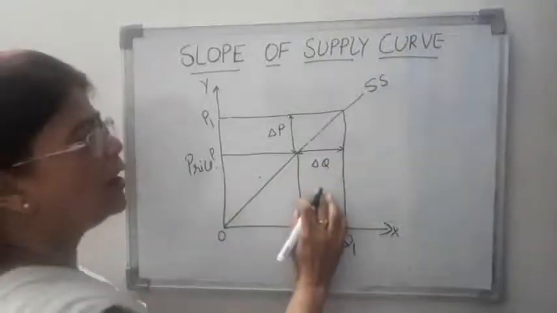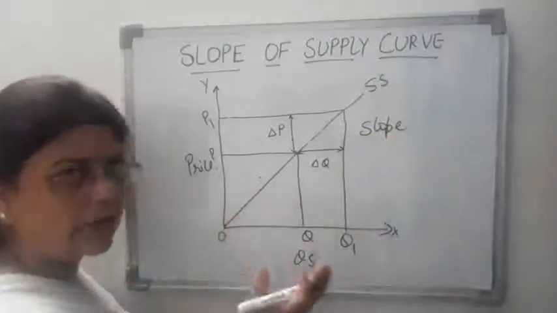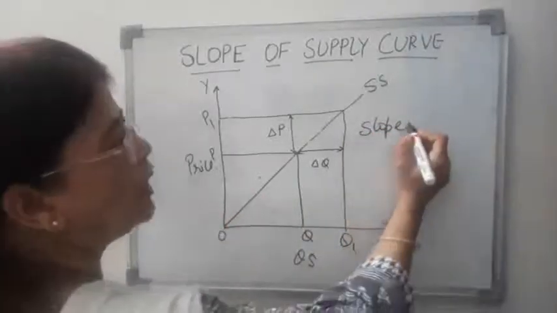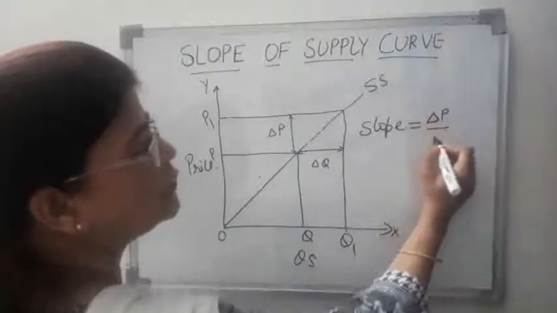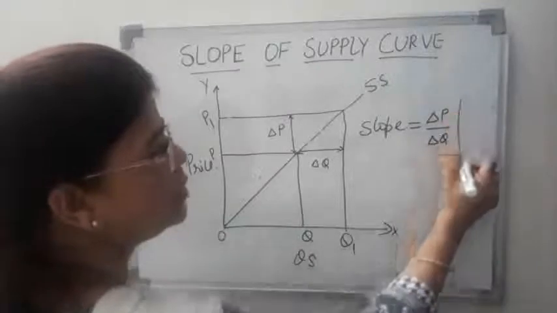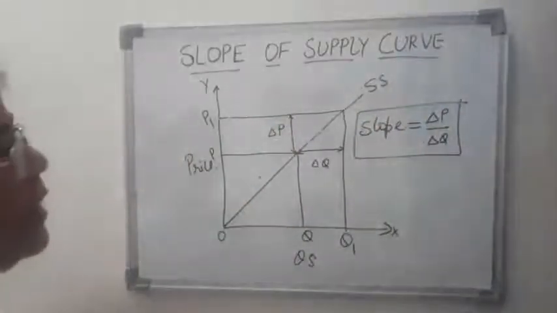Clear? So here when we find out the slope of a straight line curve, we all know how we calculate the slope. It is the ratio of change in price and change in quantity. This is the slope of supply curve.